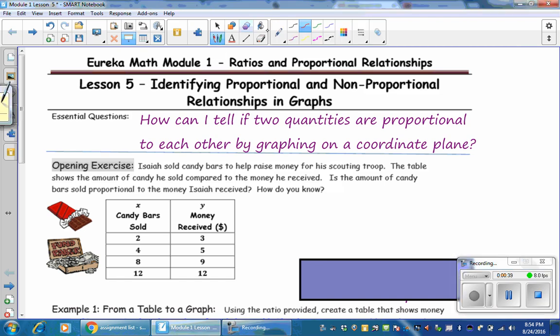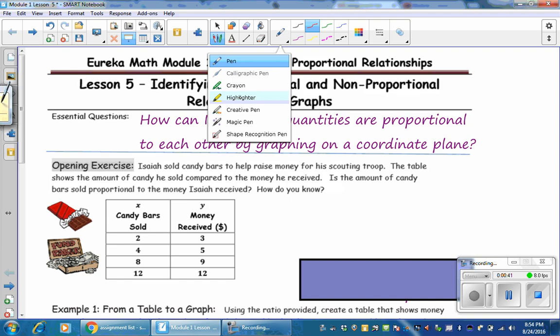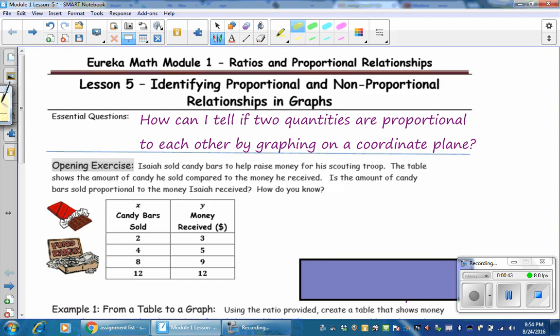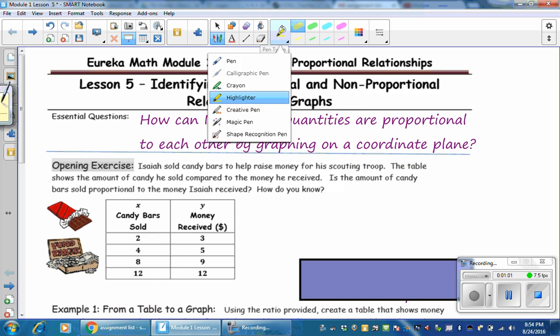So our question is asking if the money received is proportional to the candy bars sold. What that means is, does each candy bar cost the same amount regardless of how many you buy? Or do you get a discount if you buy more candy bars? So let's figure out what the unit rate is by looking at the table.